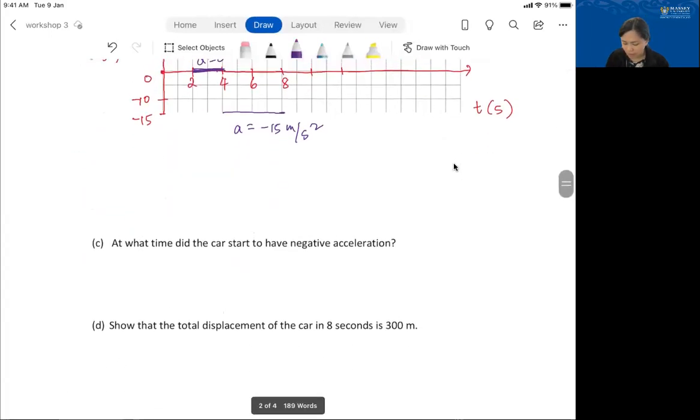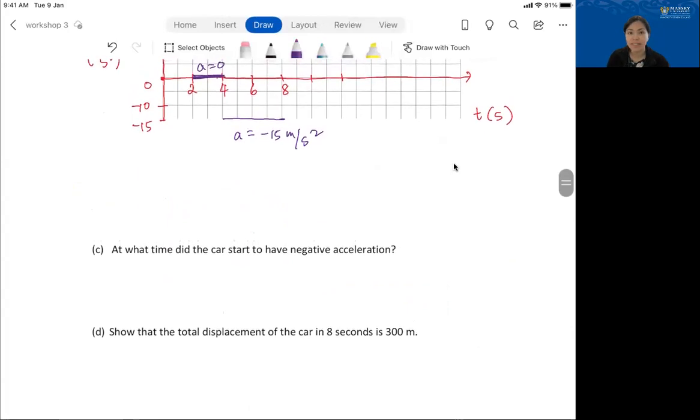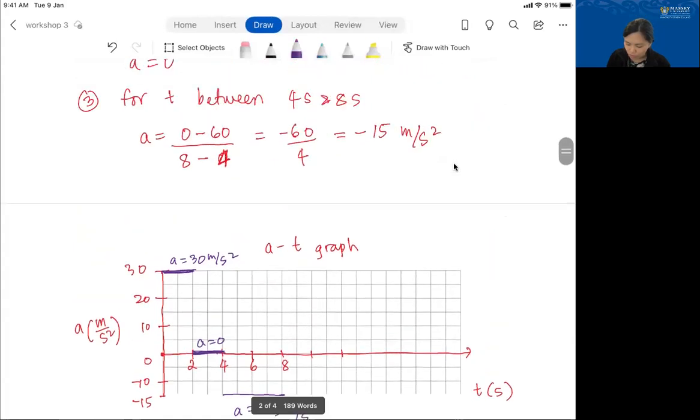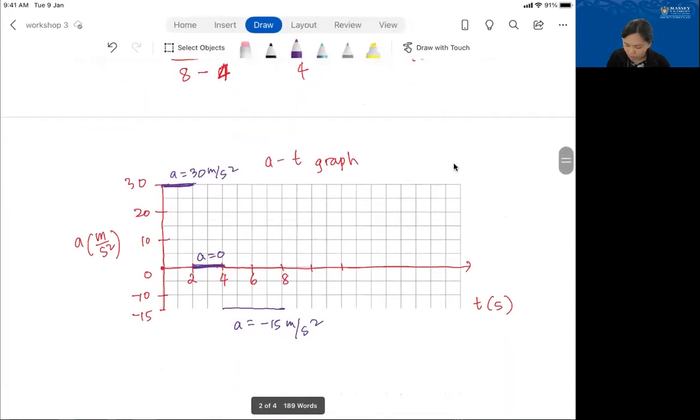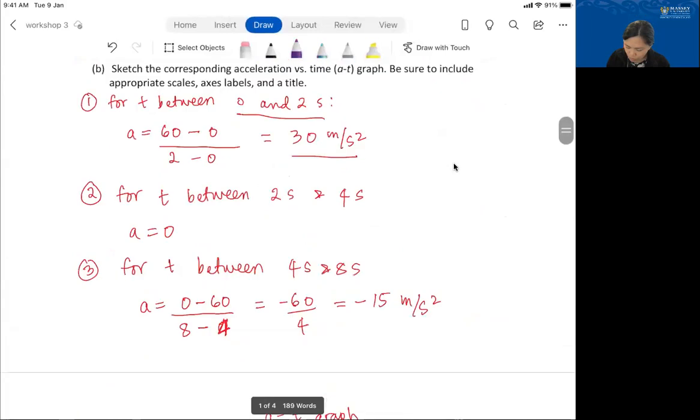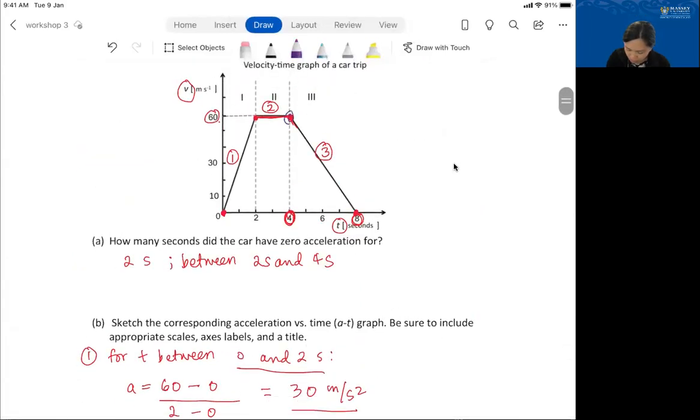Then at what time did the car start to have negative acceleration? Negative acceleration is when your velocity time graph is going downwards. We can see here that this is the time when your velocity starts to decrease.